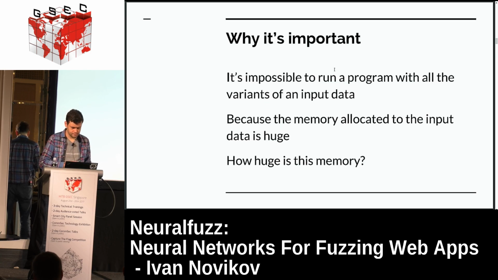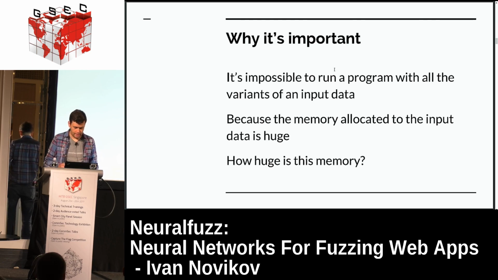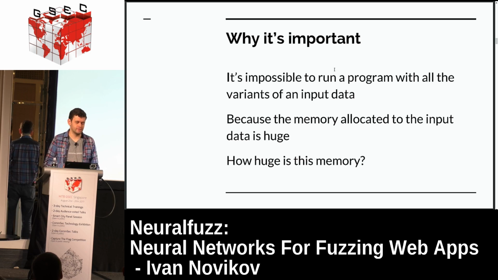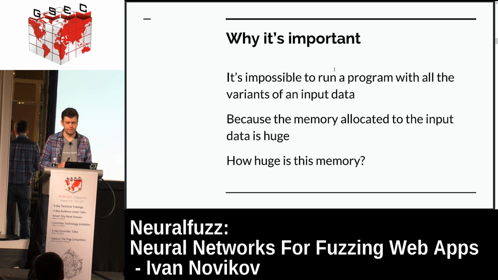So why is it really important to use fuzzing techniques? It is really important because the memory allocated to the input data is really huge. When you would like to fuzz something like Microsoft Office or some other binary program, you would probably use input files, and these files consist of bytes.